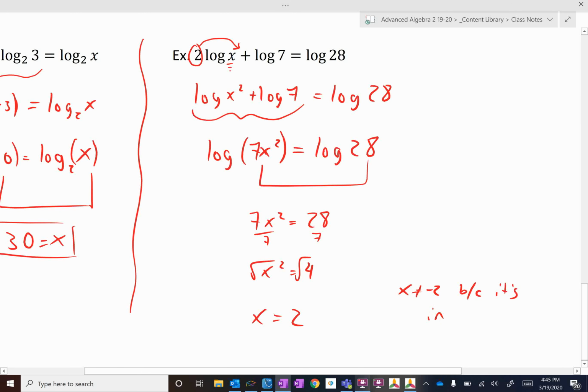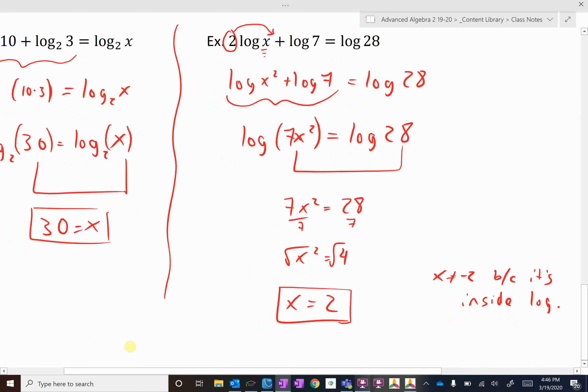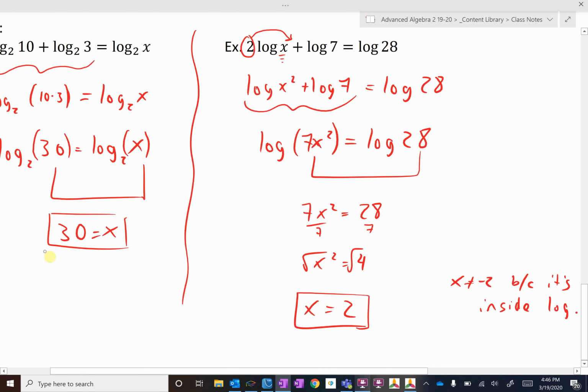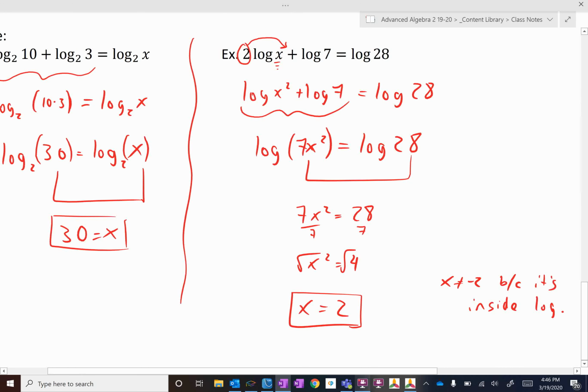And we talked about this briefly in a previous section that the domain for log functions is positive values. We can't plug in negative values into a logarithm. So we only need to worry about x equals positive 2 in this particular case. We can ignore x equals negative 2. So there's a little bit of a taste of how we can solve basic logarithmic equations. All right.